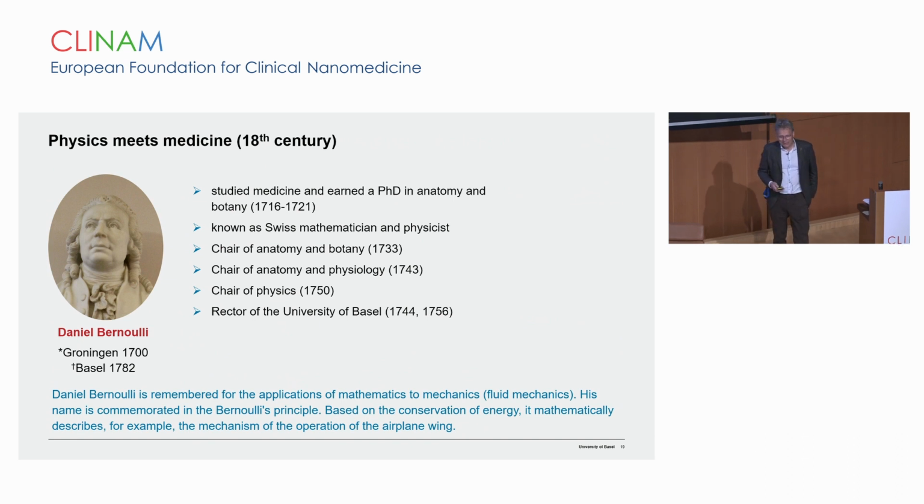So he was really someone who wanted to go towards physics, and that is interesting. Also, from our point of view, he was rector of the University of Basel in 1744 and 1756. So you see, it was really a very important person for our city here.